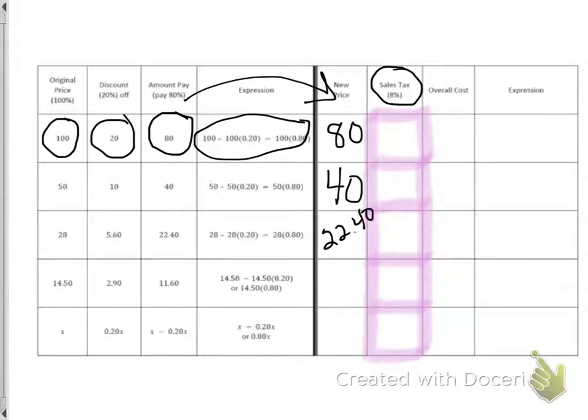And 1160, and what's this x? Let's just put x minus 0.2x.